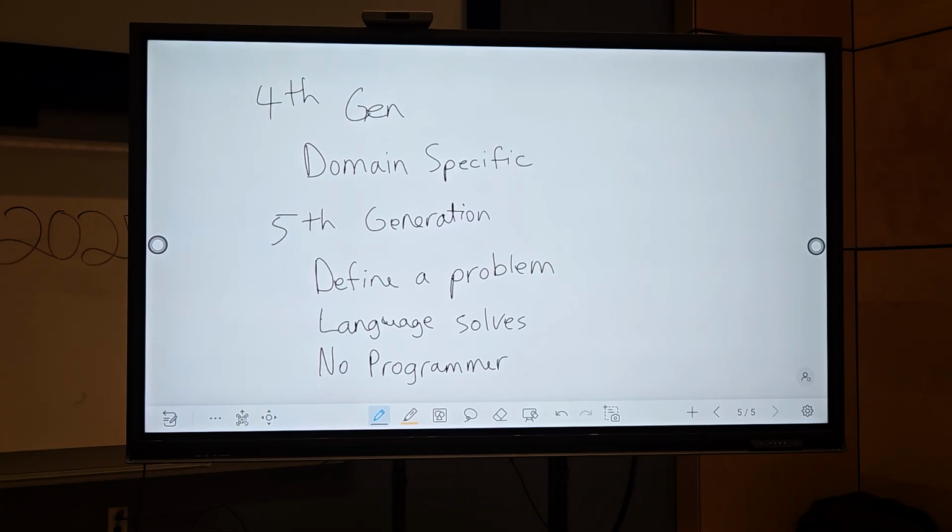But you would give the language a very specific problem description, and it would solve it and write its own code to solve your problem. So, like I said, I don't know if we've gotten there quite yet, but we're getting there.